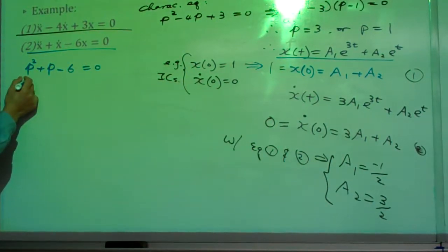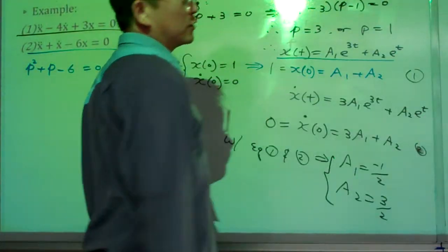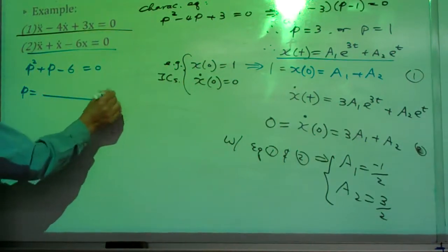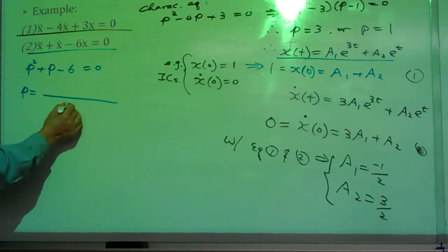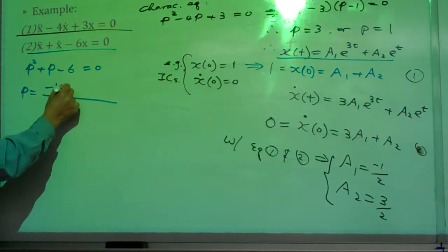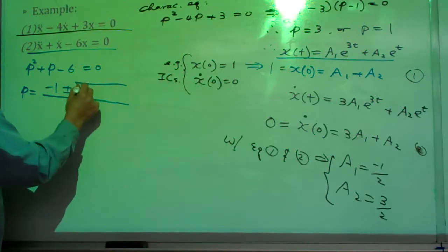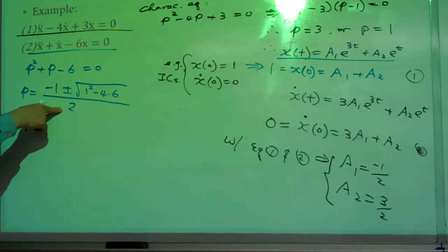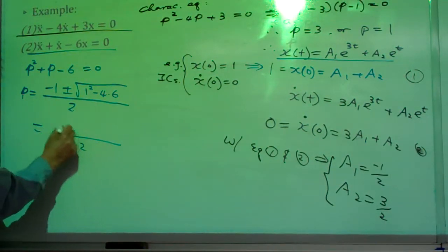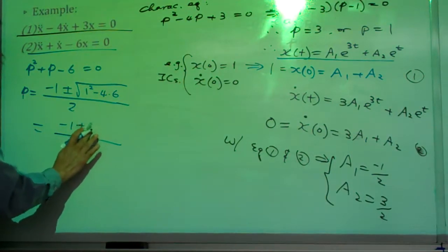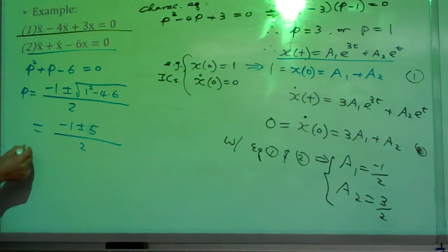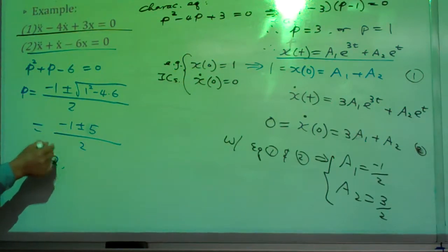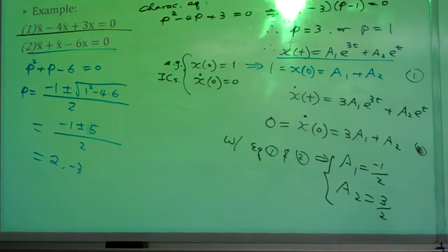Okay, and then you plug into that formula, or you factorize, to find p. So I simply plug into the formula there, so that is minus 1 plus 5, that is 4, divided by 2, and then minus 1 minus 5 over 2, that is minus 3.